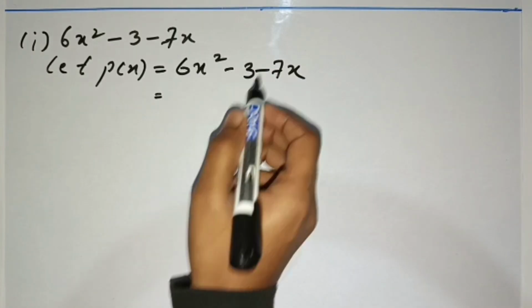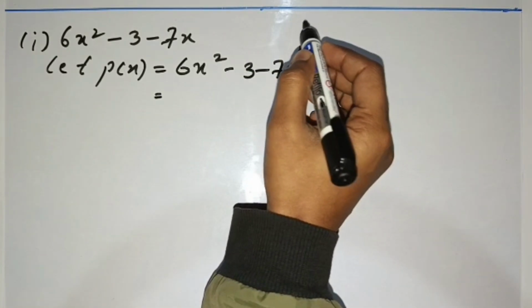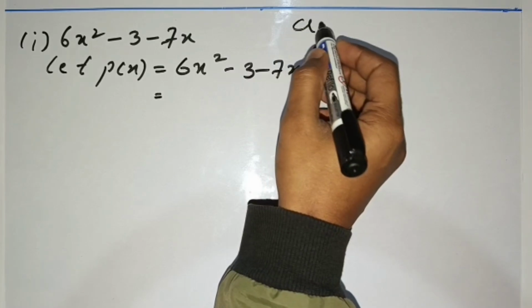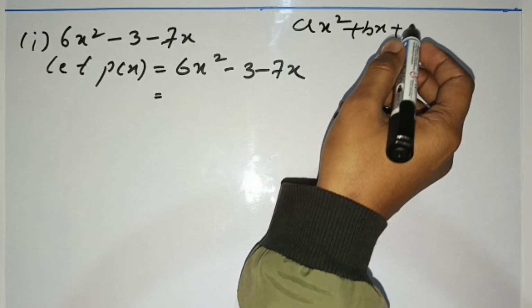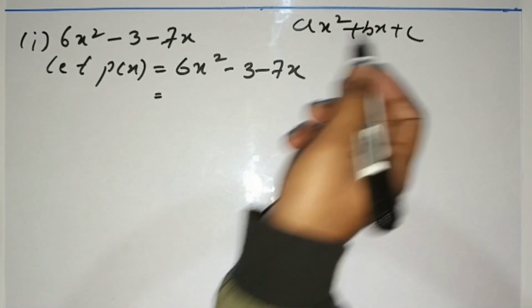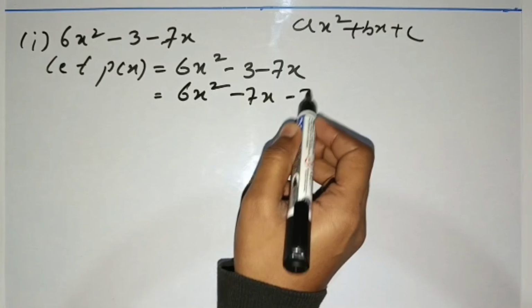Now we will arrange this as per the general quadratic polynomial. The general quadratic polynomial is ax square plus bx plus c. So when we arrange as per this, we can write 6x square minus 7x minus 3.